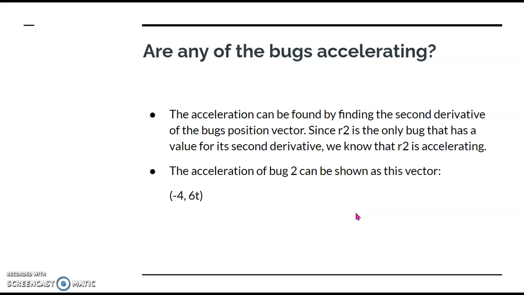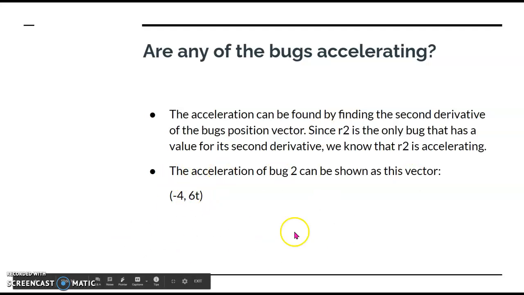They're just moving at a constant rate. However, R2 is accelerating because its velocity changes. So we take the derivative of that vector and we get (-4, 6t). Therefore, we know that R2 is accelerating.